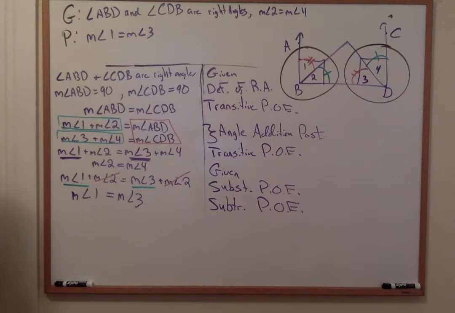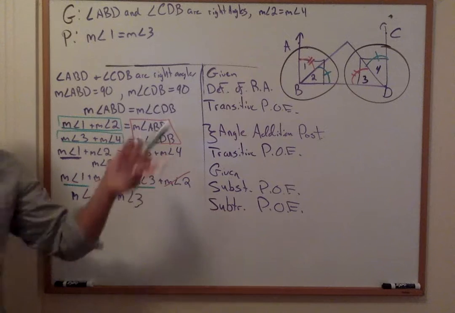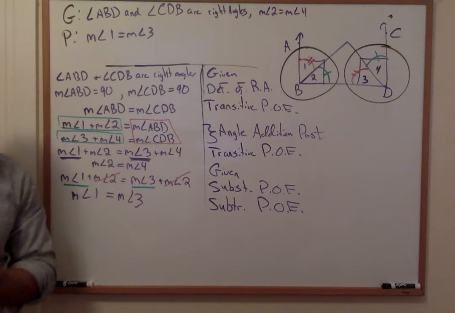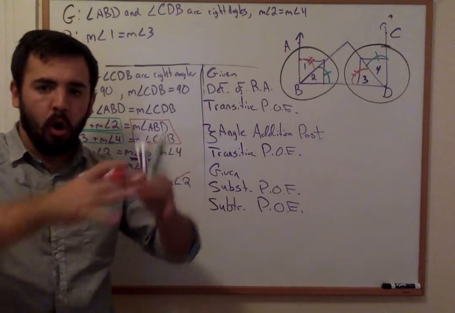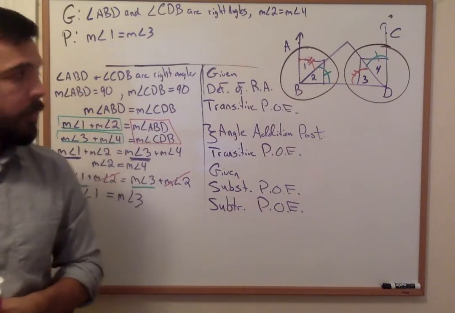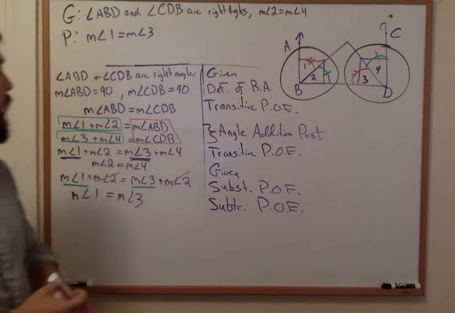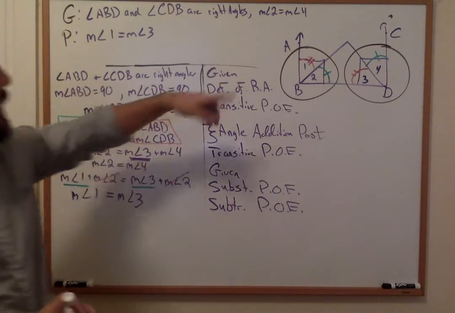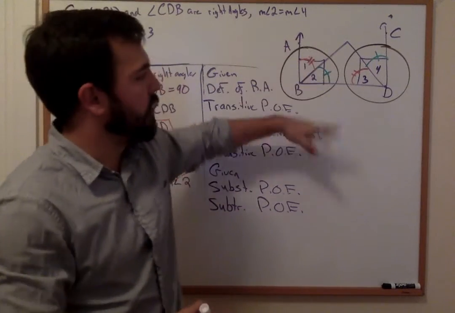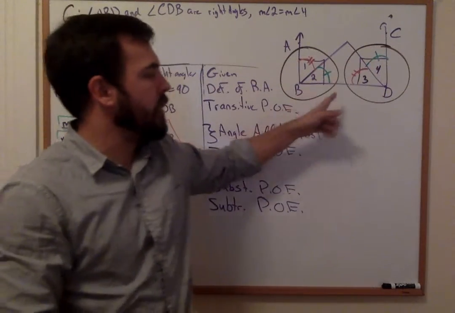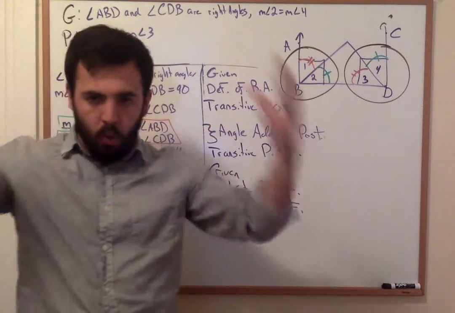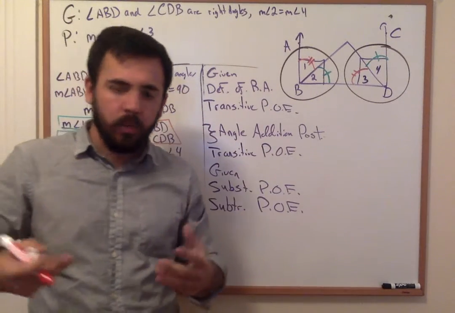That's that. So really this one was a big focus on the concept of wholes and the parts that make up them. We recognized that because ABD, this large angle here, and CDB here were right angles, those two whole things were going to be equal.